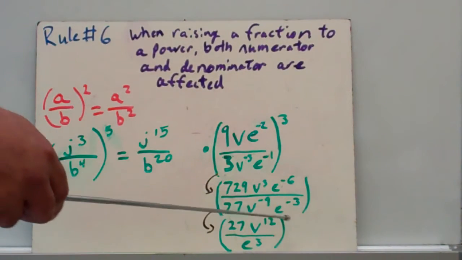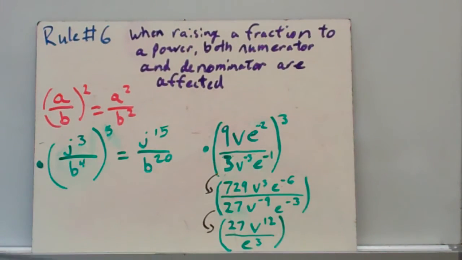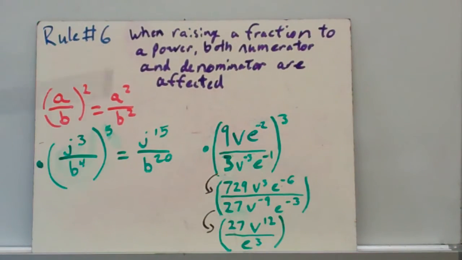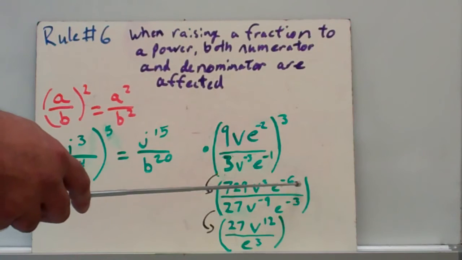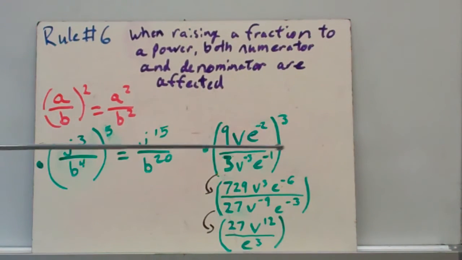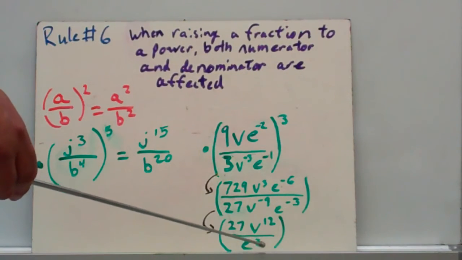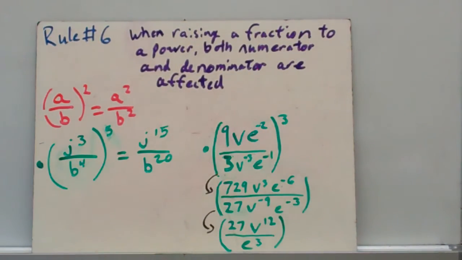So the e to the 6th needs to come downstairs to the denominator, e to the third needs to go upstairs, and then we can subtract the e to the third that is now in the numerator over e to the 6th that is now in the denominator. And since there are going to be 3 more e's on the bottom, that is what it will end up with. So solving this one here, we'd get 27 v to the 12th over e to the third.